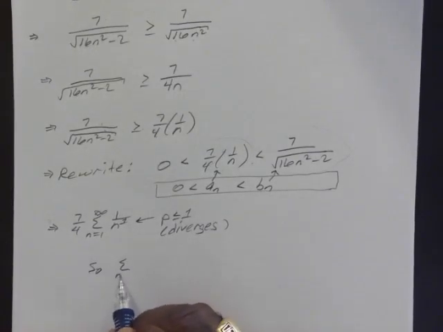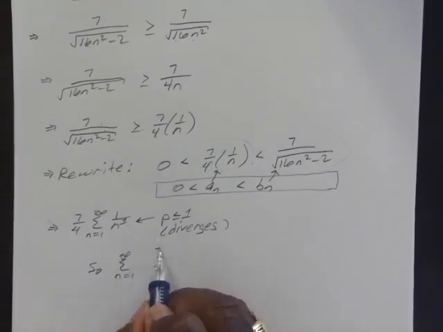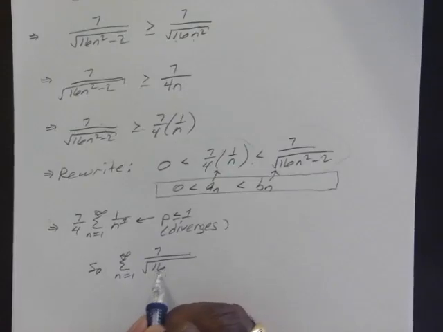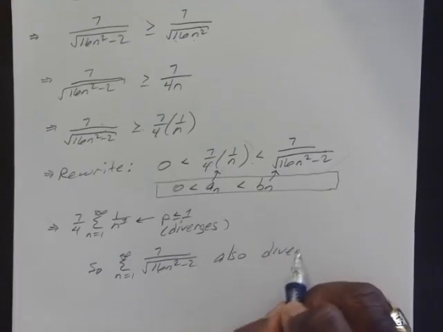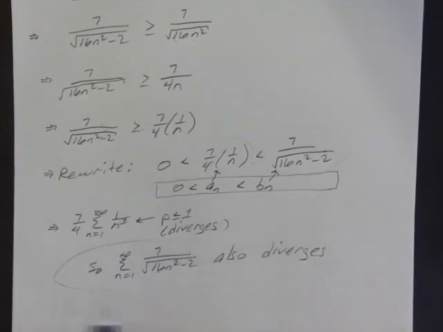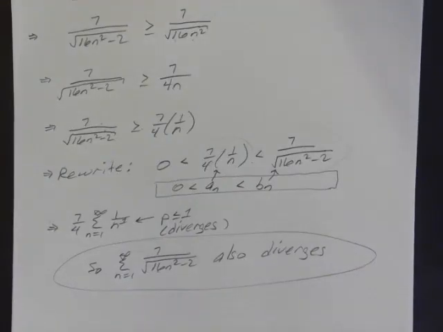So the sum from n equals 1 to infinity of 7 divided by the square root of 16n squared minus 2 also diverges. All right, any questions on that one?